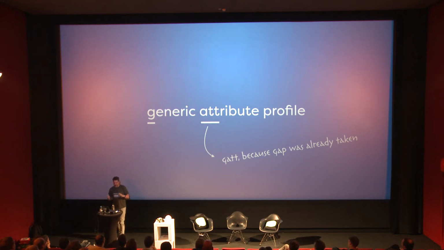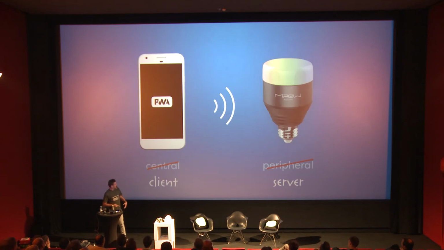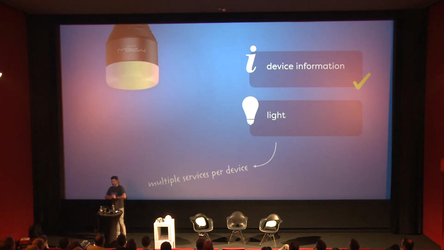And in the profile, we no longer have central devices and peripherals, but we have a client and a server. The app is the client that talks to the server. So your light bulbs run a server. Each of these devices has certain services, like the device information service, which is a standard, and a light service, in case of a light bulb.